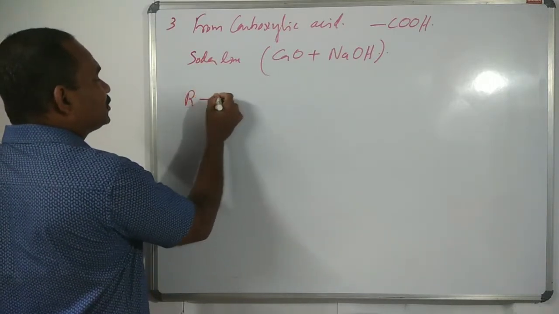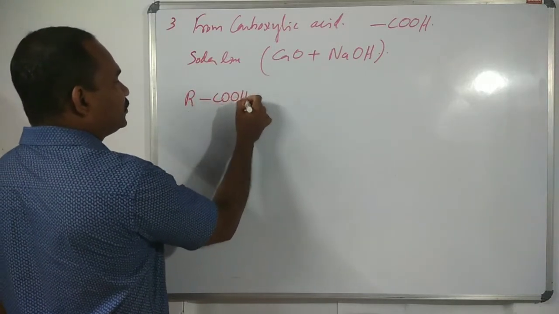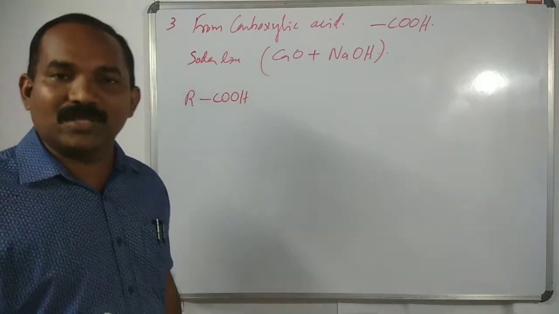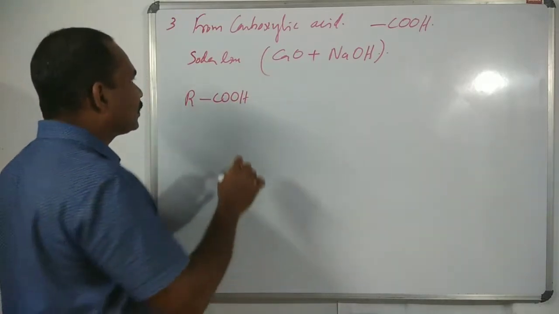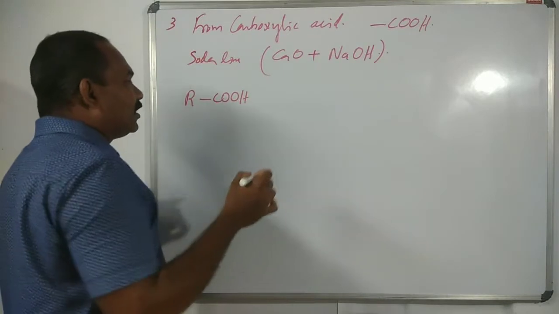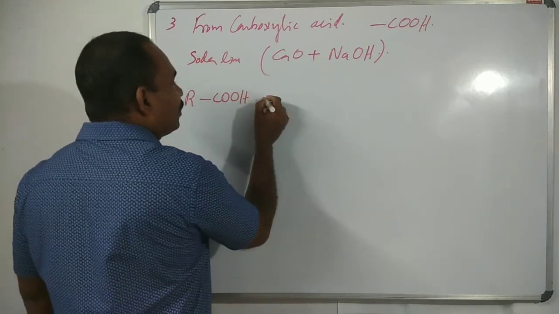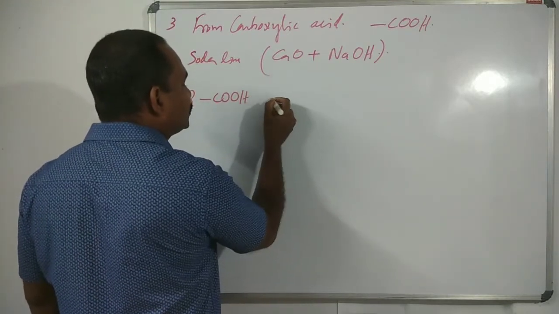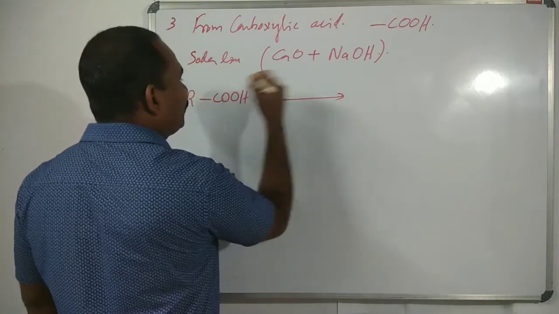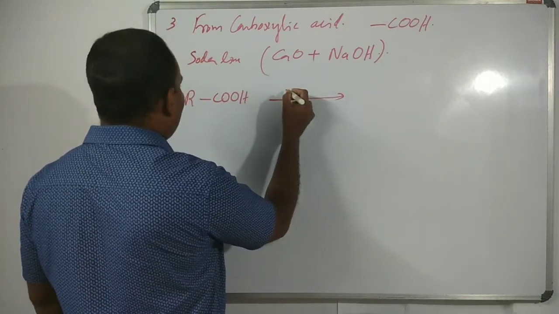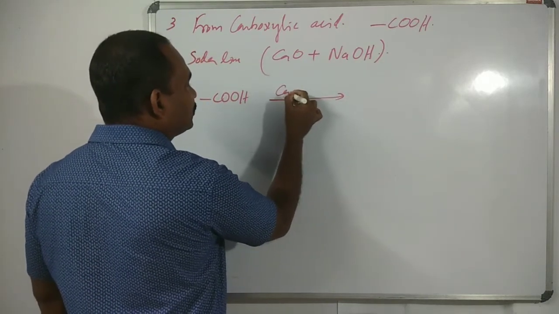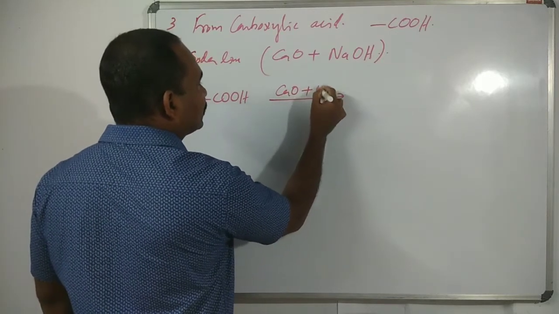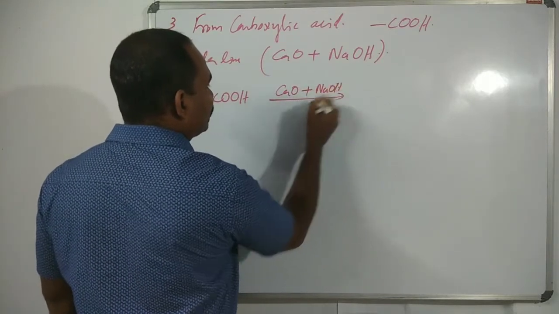So RCOOH, with soda lime used to prepare alkanes, CaO plus NaOH, heated.